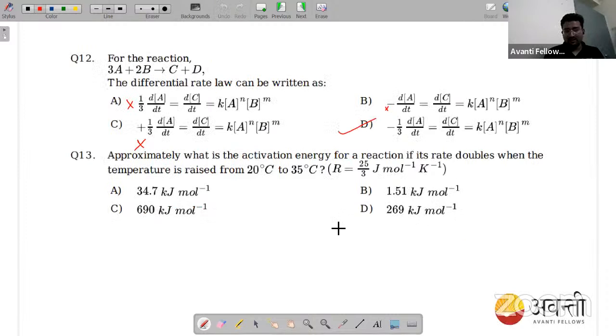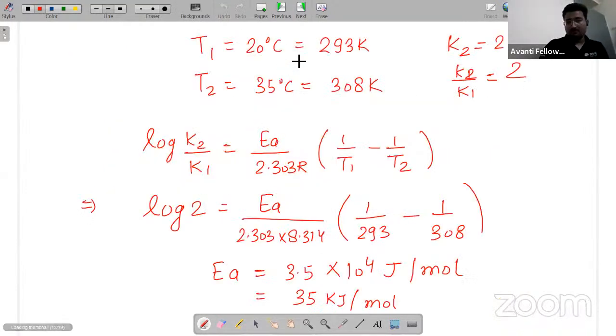So we are given 34.7. Approximately this is the correct answer because we have got approximately 35 kilojoule per mole. Is that clear? Anyone, any doubt in this question? Okay, good. So again, moving to the next question.